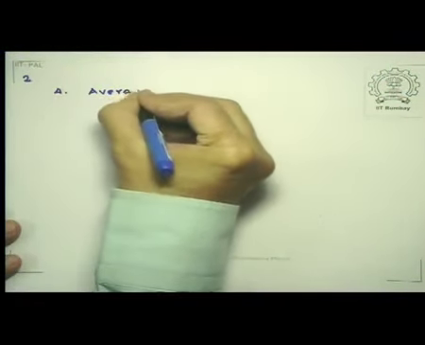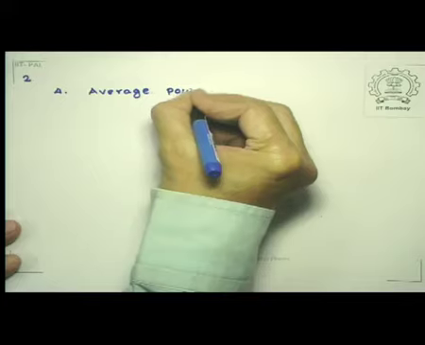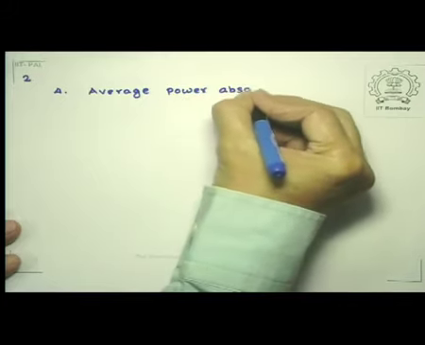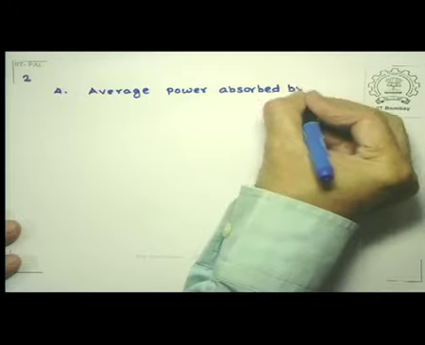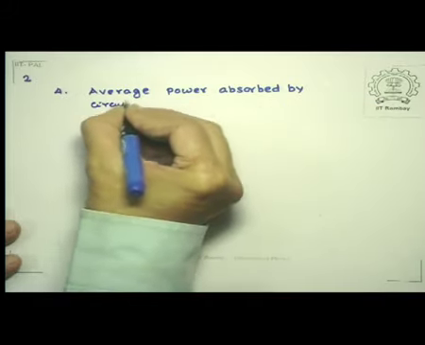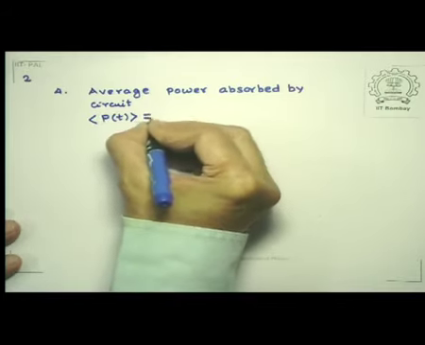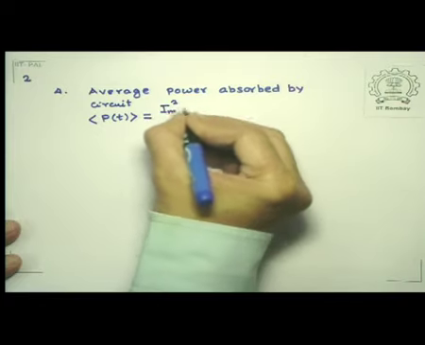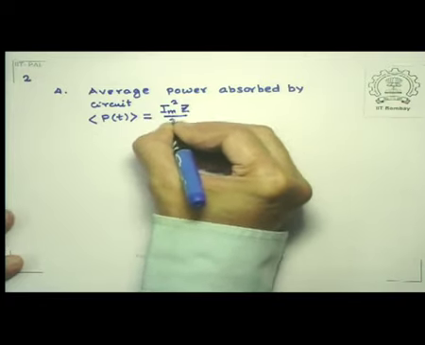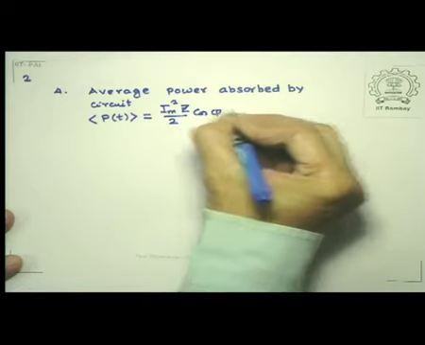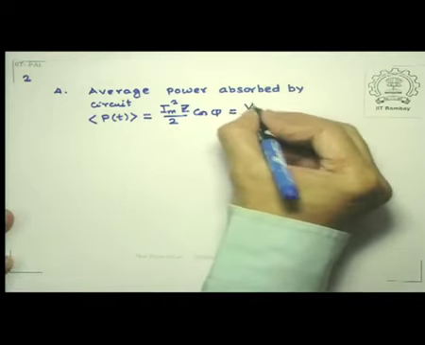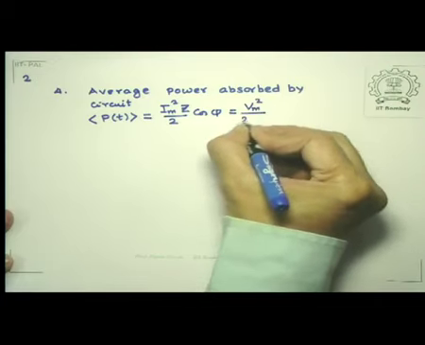We then showed that the average power absorbed by the circuit, which is denoted by P of t, is given by Im square Z over 2 times cosine of phi, which can be alternately written as Vm square over 2Z cosine of phi.